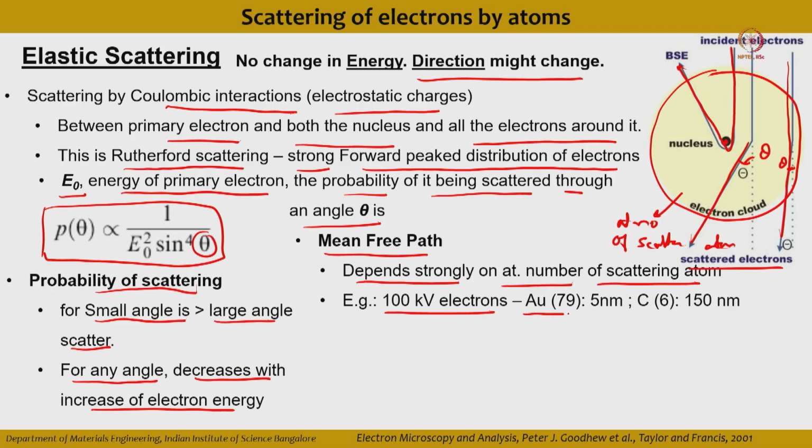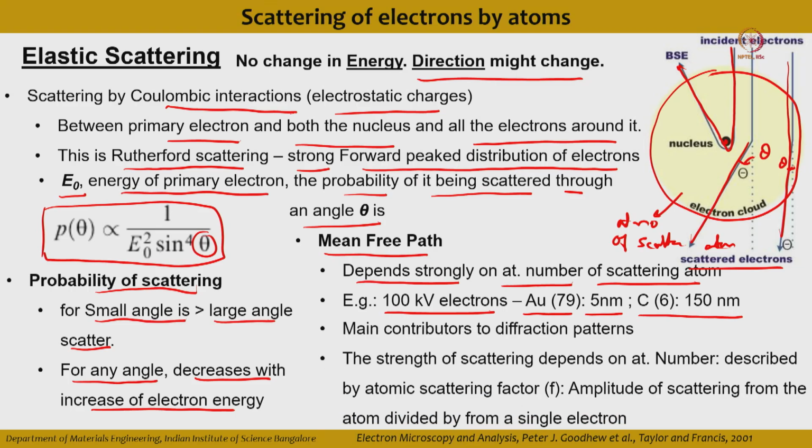For the gold sample, you can see that the mean free path is very small, which shows that the scattering tendency is very high. For carbon, the mean free path is very large.